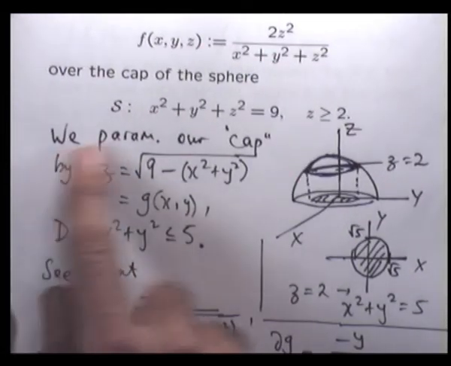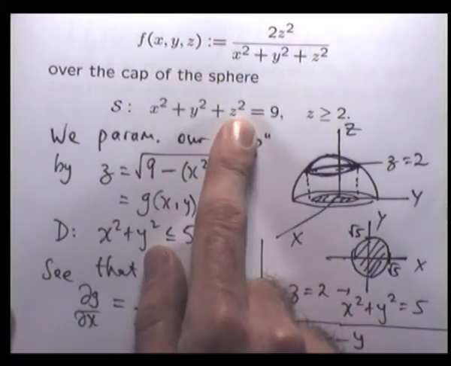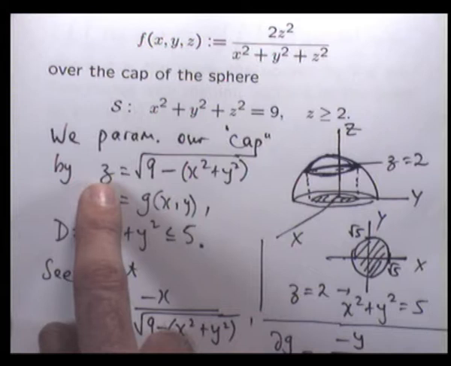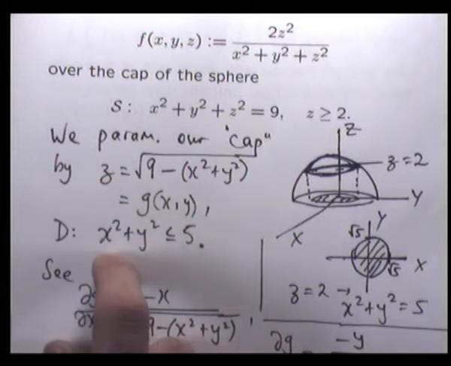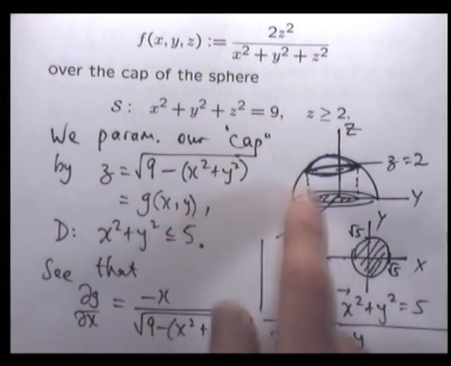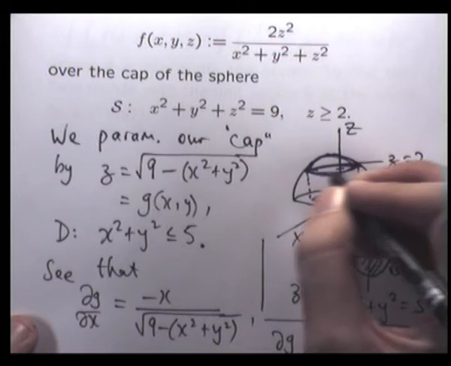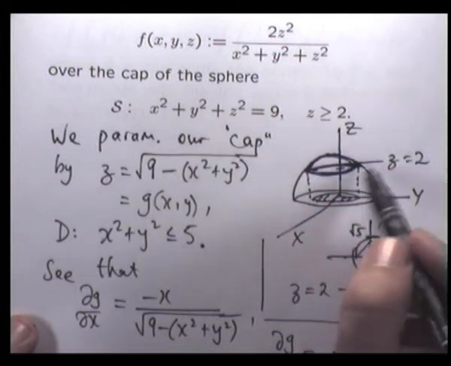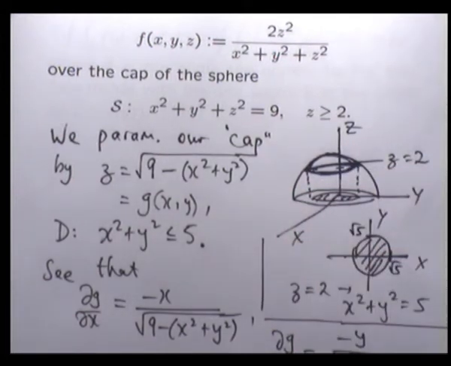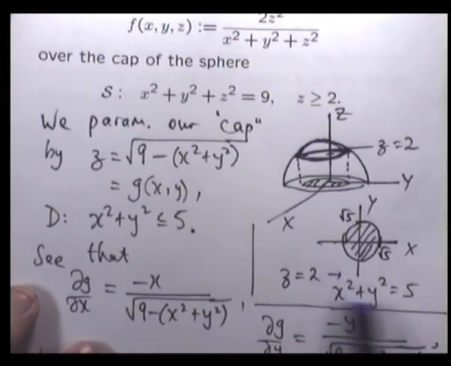First of all, we parameterized our cap. Now, the nice thing about this surface is that I can rearrange it and make it a function. It's a graph. So the little cap that we're talking about is just here. I intersected the plane z equals 2 with the top part of the hemisphere, and I came up with this circle here.